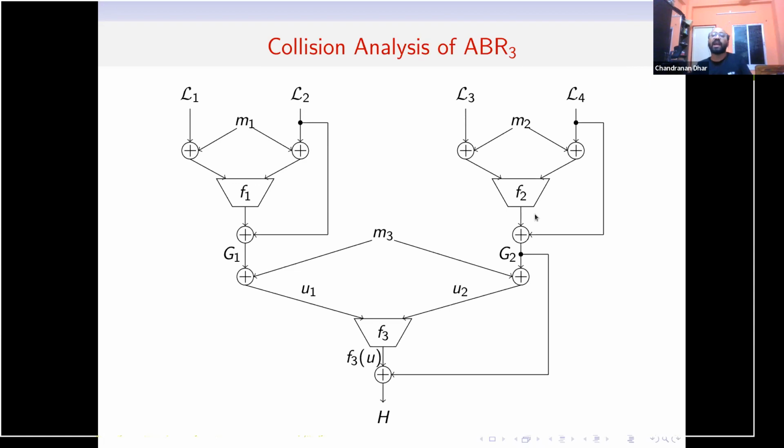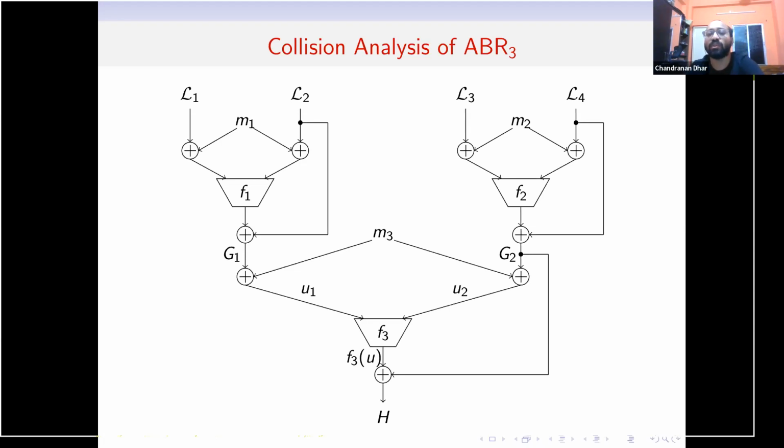When we are giving a collision analysis of ABRL, we assume that ABRL minus 1, that is any subtree of ABRL, is collision resistant.